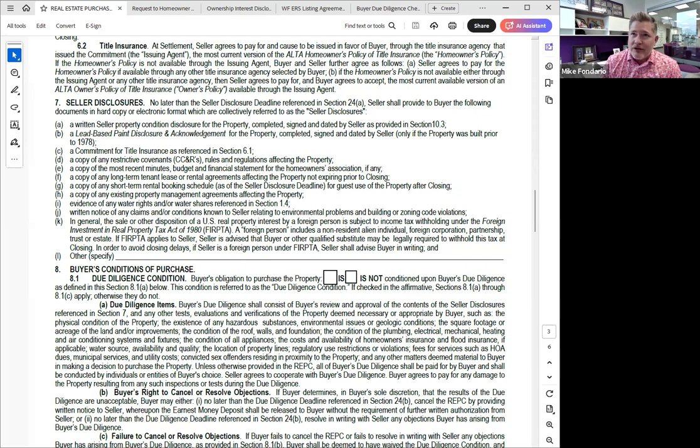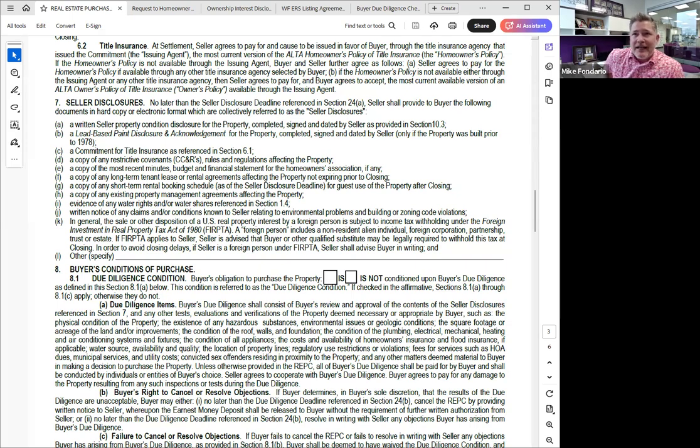D, a copy of any restrictive covenants, CC&Rs, rules, and regulations affecting the property, a copy of the most recent minutes, budget, and financial statements for the homeowners association, if any, and a copy of any short-term rental booking schedule as of the seller's disclosure deadline for the guests of the property after closing. And yes, I am going in the incorrect order. And F, a copy of any long-term tenant lease and rental agreements affecting the property not expiring prior to closing.